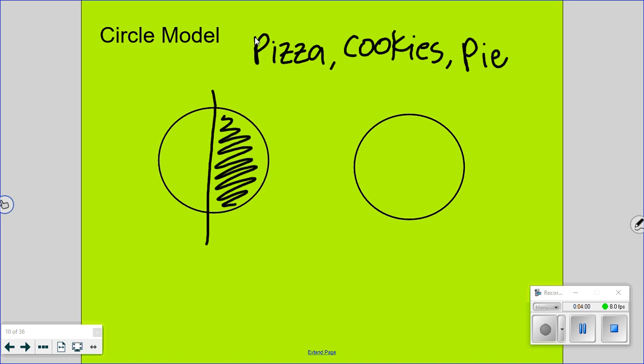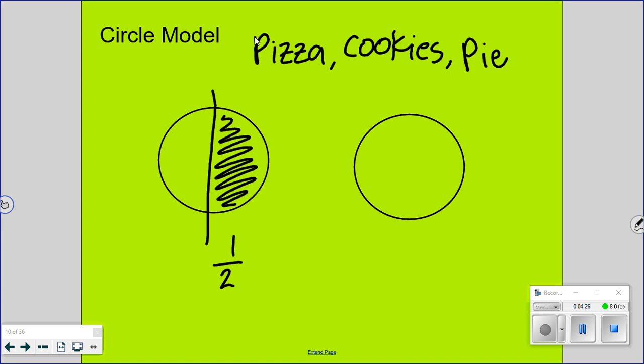Can someone help me make the number fraction that matches that picture? Go for it, Jordan. 1/2. So what do I need to write? 1, at the top. What is that space called? Yep, the numerator, good. And then a line, my fraction bar, and 2 as the denominator. Beautiful.